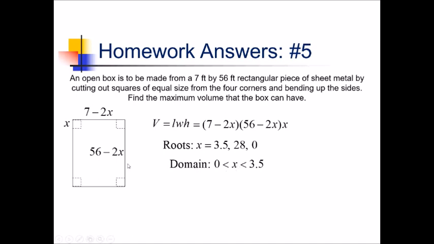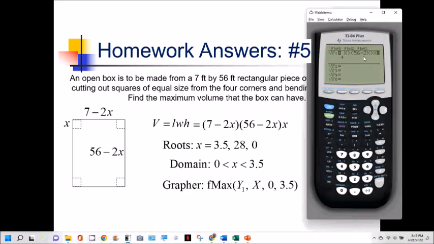It's going to be a while before we zero out this side here, but this root of 28 doesn't really tell us anything useful because by the time I get close to zeroing that out, I've already more than zeroed out this length side. Anyway, on the calculator, I'm going to be doing fmax of my function, which I'm going to store as y1. Then I'm going to write an x, and then I'll use my domain numbers 0 and 3.5. So let's go ahead and do that.